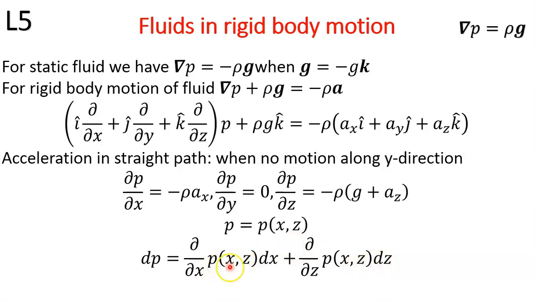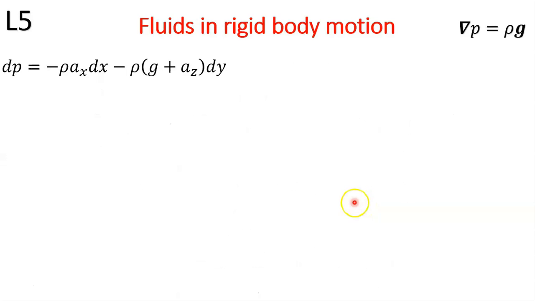Here P is a function of x and z. That's a point to remember. Therefore we can substitute del P by del x as minus rho ax, and del P by del z is equal to minus rho times the bracket g plus az. So this leads to an expression for dp.